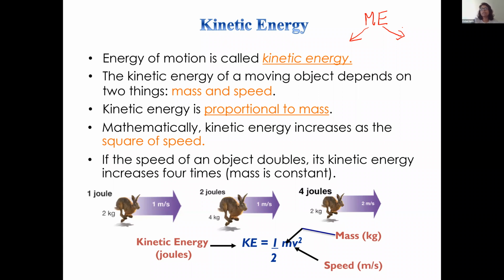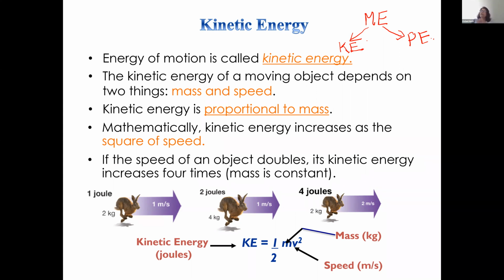The first one is kinetic energy, for which I will use KE. And potential energy is the next one, for which I will use PE. These are the two energies that belong to mechanical energy, and we are going to talk about them in your class, right? So the first one is kinetic energy.